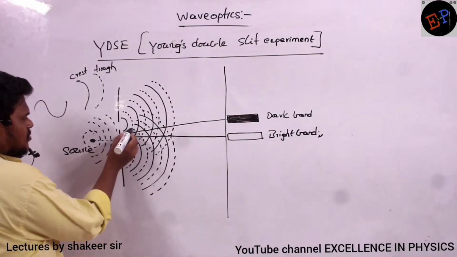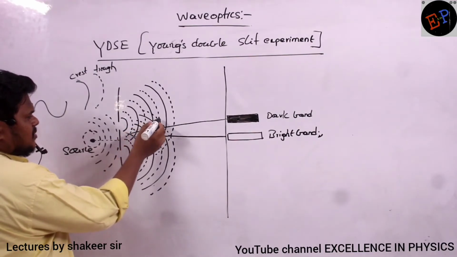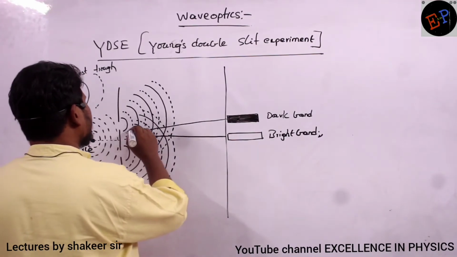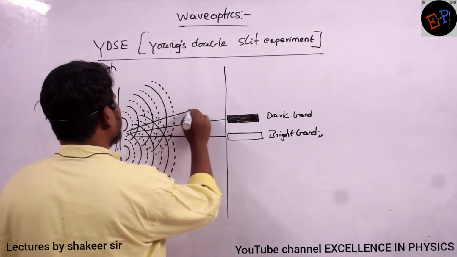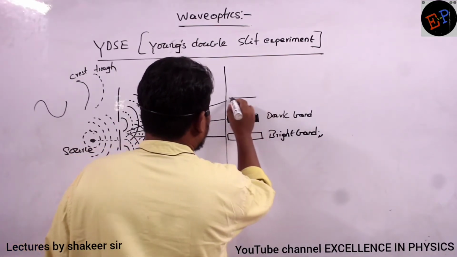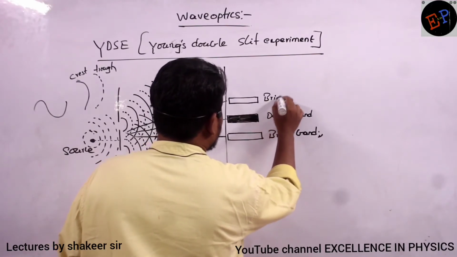Trough and trough, crest and crest, trough and trough, crest and crest, like this. So if I draw this line, this is the line I will get. So here I will find a bright band. Clear? So this is a bright band.